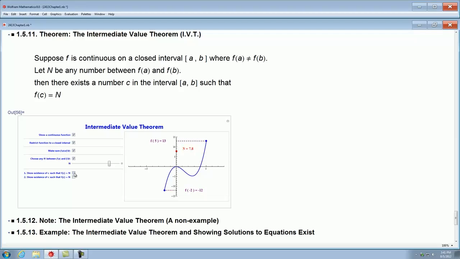It's saying that somewhere this value is attained or achieved by the function. The function somewhere must equal 7.8, and there is some c where it comes from, 4.7. So you can see that if I move my n around, there's always some value somewhere that's going to give me that n. And that's what the intermediate value theorem guarantees us, the existence of this c.